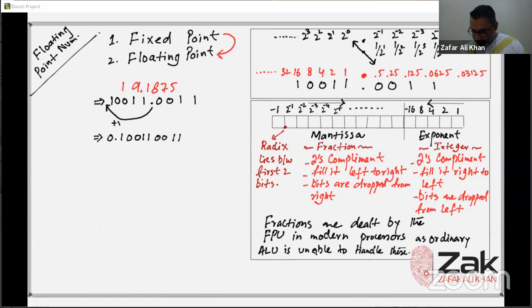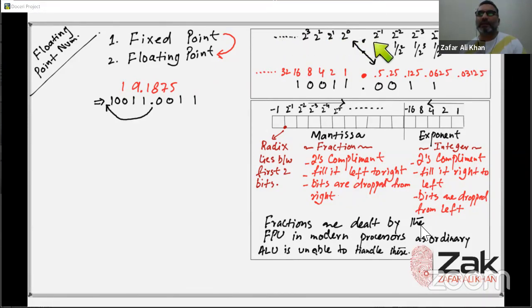Let's cut the clutter first and then start studying this. So as we know, we need to convert from fixed point to floating point. Let's say we are given this number 19.1875. So what's actually happening over here is, I just described it, that when we go towards the left of the point, it is usual binary conversion.